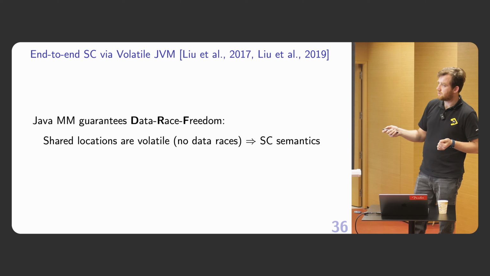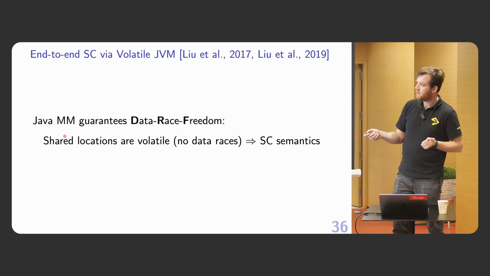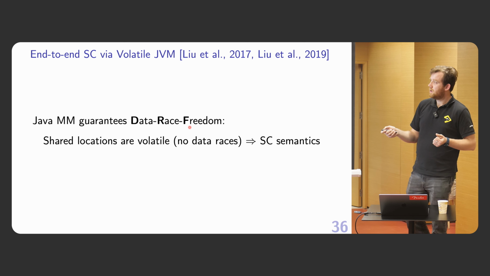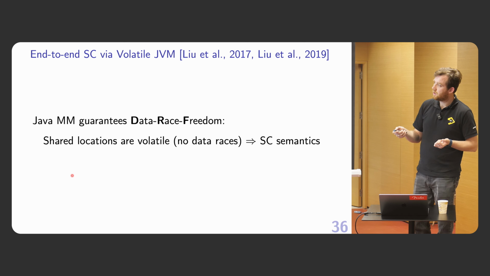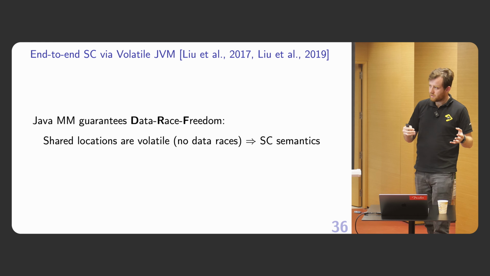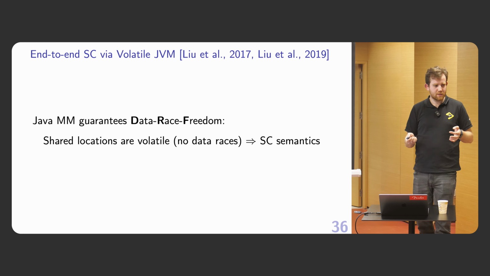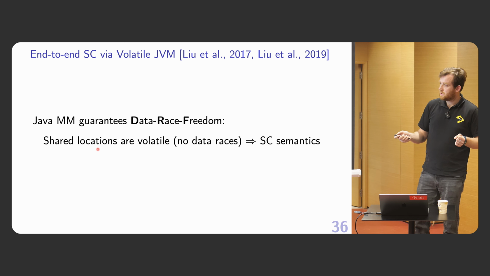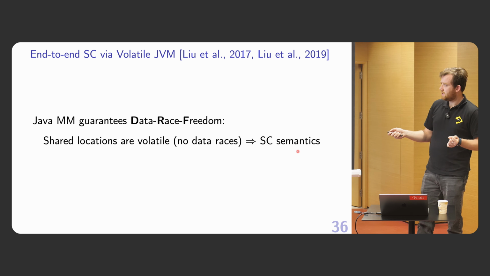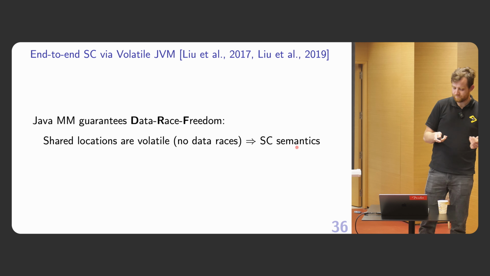What they did, they used the claim the Java memory model has, that it guarantees data race freedom. The claim in the Java memory model could be simplified to this statement: if all locations which could be used concurrently are marked as volatile, it will lead to having no data races in terms of the Java memory model. Then by the data race freedom guarantee, we have only sequentially consistent semantics for the programs.